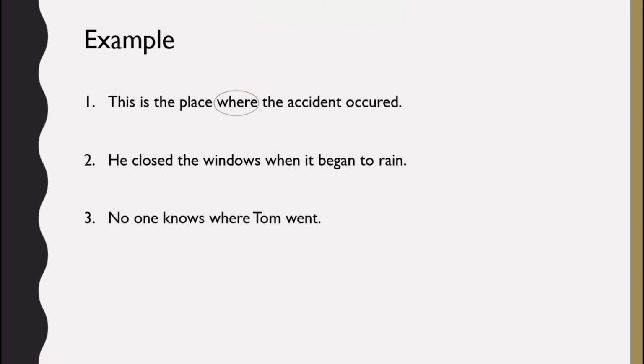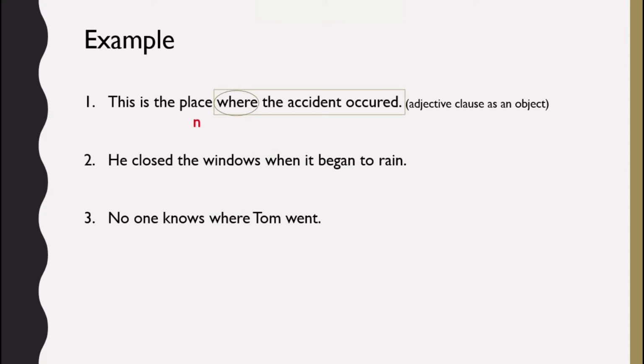So, where the accident occurred is the clause. What is the kind of clause? Well, we know that this clause comes after a noun, the place, that gives more information about the place. So, we can conclude that it is an adjective clause as an object.